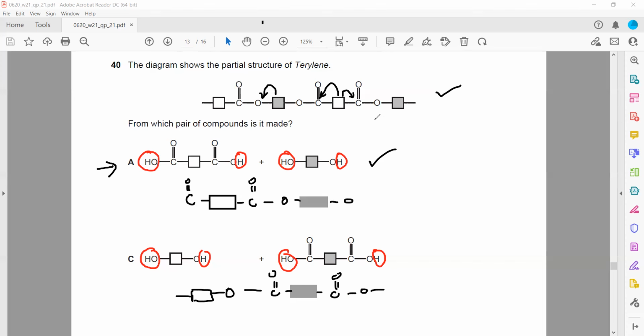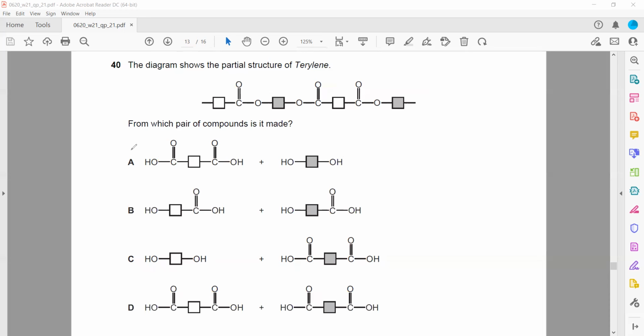A matches the polymer which is given to us. So the correct answer for this one is A.